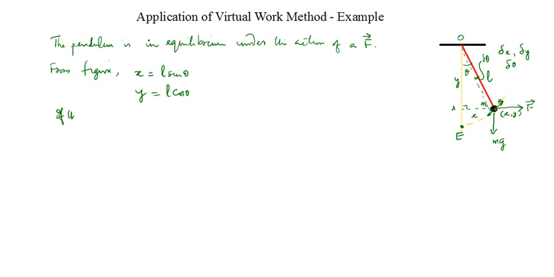Okay, so if the pendulum, or the bob, undergoes a virtual displacement, which of course is imaginary, not a real displacement, an instantaneous or imaginary displacement, such that this angle theta is changed to theta plus or minus delta theta, where delta theta can either increase or decrease theta.